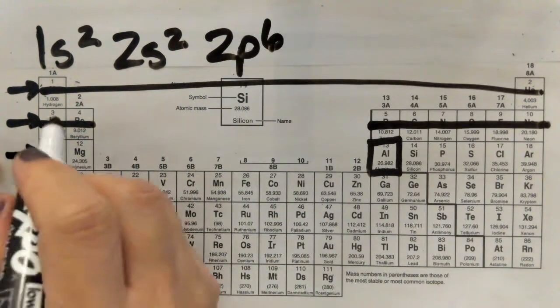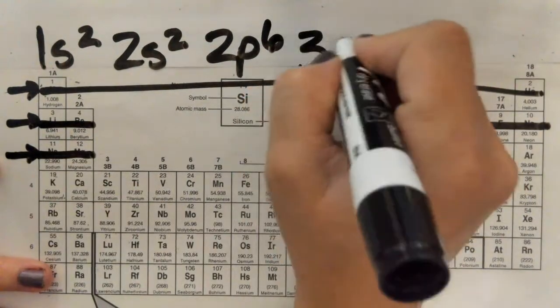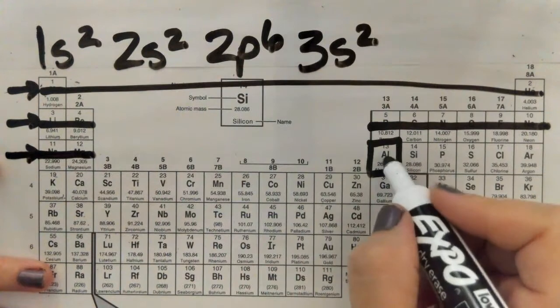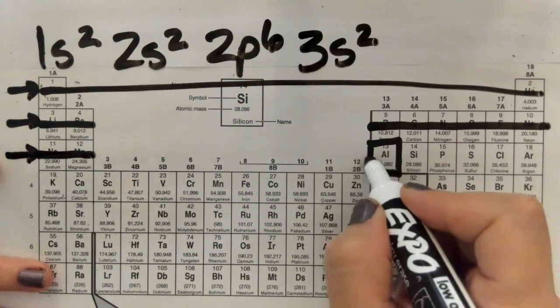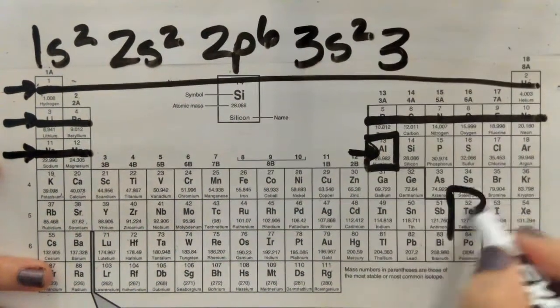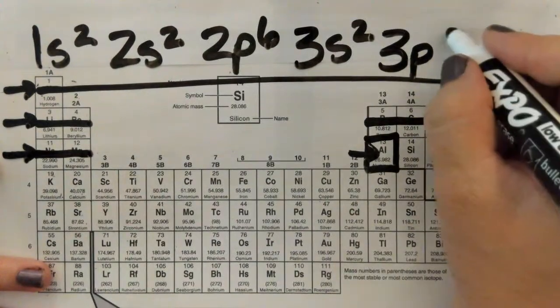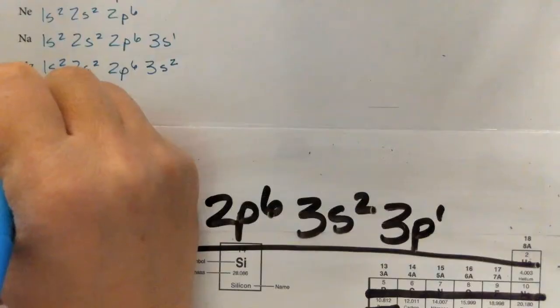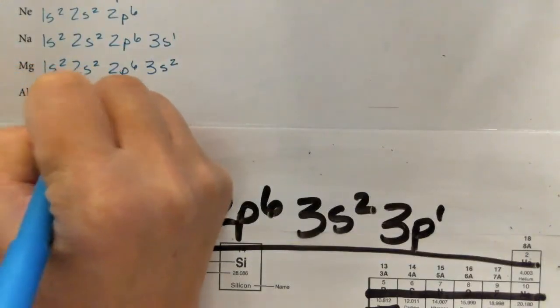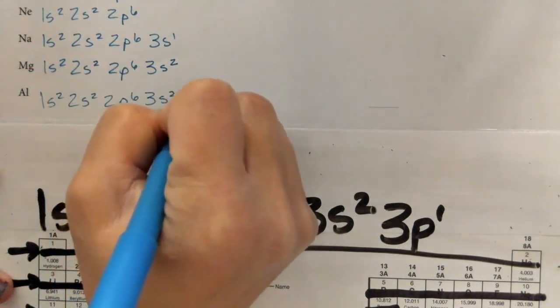Then I'm on row 3. I'm going to go through the 3s section, 3s2. And now I'm in 3p. I'm only one block in. This is the P block, and this is the first column into the P block, so it's 3p1. So aluminum is 1s2, 2s2, 2p6, 3s2, 3p1.